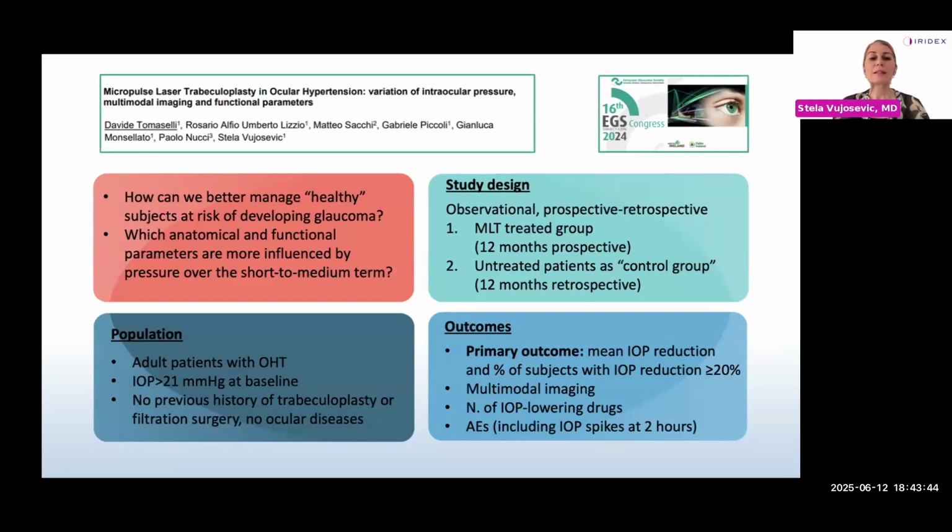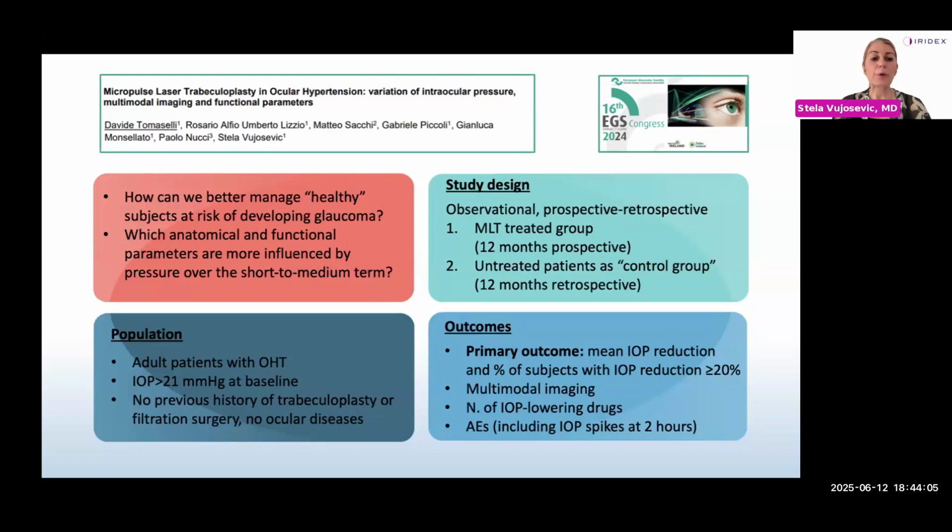We wanted to understand how we can better manage patients, let's call them healthy, or with ocular hypertension, who are at risk of developing glaucoma. We wanted to see what the changes in anatomical and functional retinal parameters are.